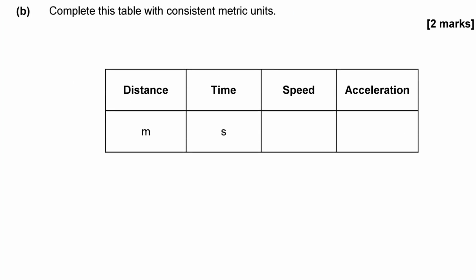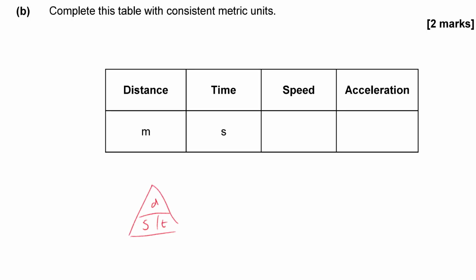Right, 9b, complete this table with consistent metric units. Okay, so I've got distance in m, which stands for meters. Time is s, which is seconds. Speed, can you remember how these relate to each other? Some people remember this using the DST triangle: distance, speed, time.